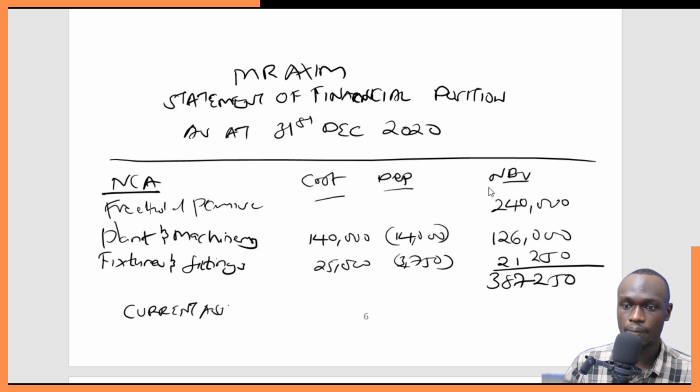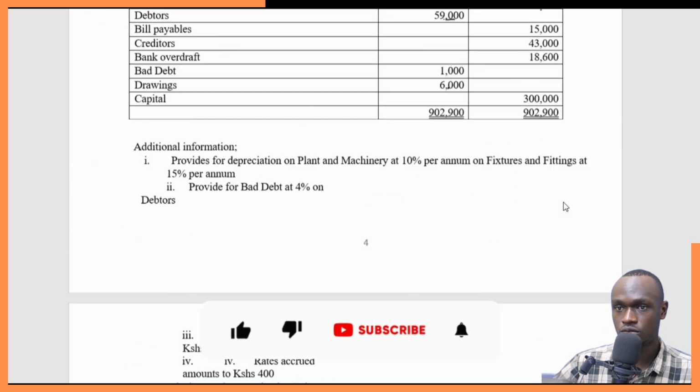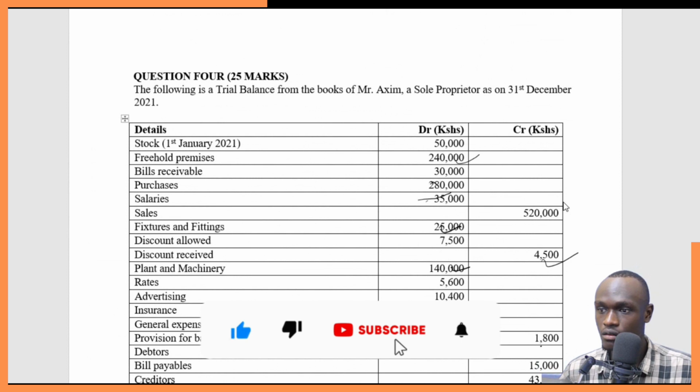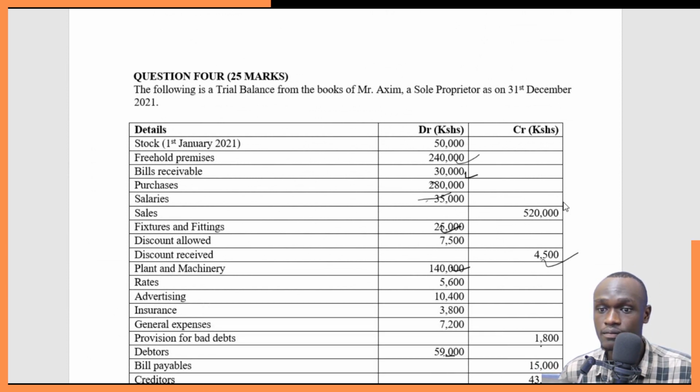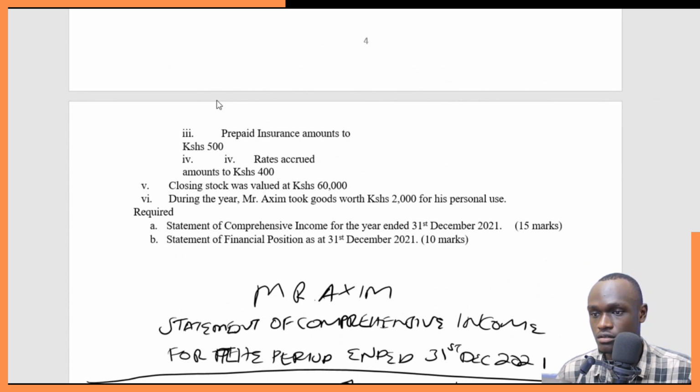Then current assets. Current assets, we have bills receivable, which is 30,000. We have debtors and closing stock. Closing stock is 60,000.